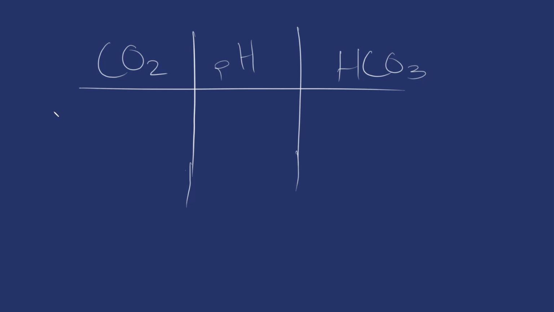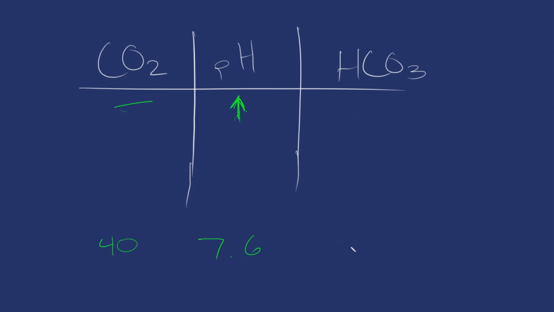All right, so let's do another one. So let's say, in this case, our pH is now 7.6. Okay, so we look at that, and we say that it's alkalotic, right? We're alkaline, so we're going to have that little up arrow at the pH. And then we look at the CO2, and let's say it is 40. So that is normal.